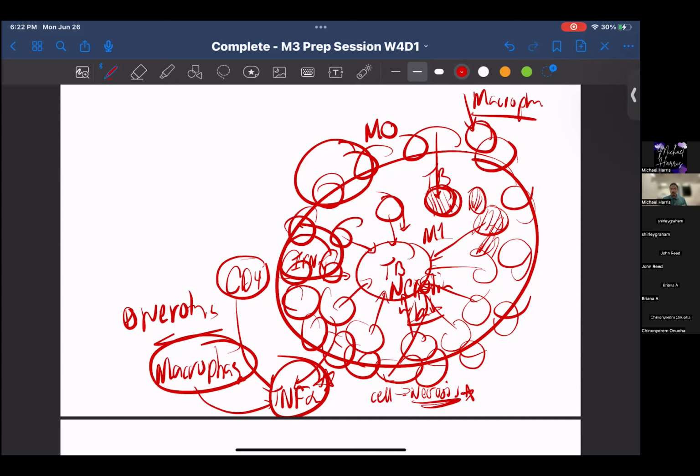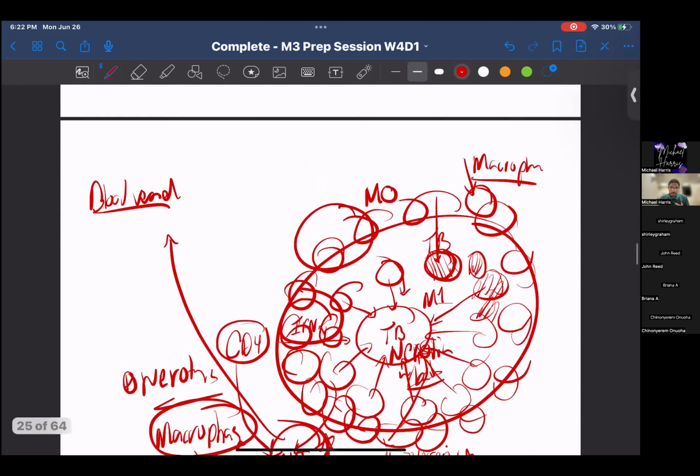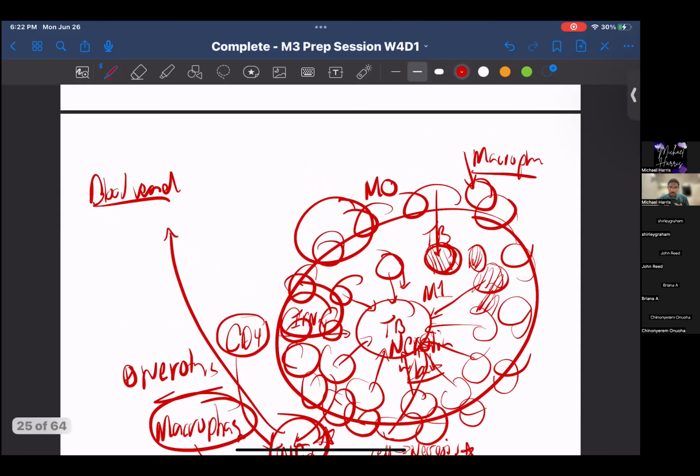infection. Okay, because if you remember, TNF alpha does what to the blood vessel? What does it do to the blood vessel? TNF alpha, IL-1, right? It makes it leaky. So then macrophages can come in.